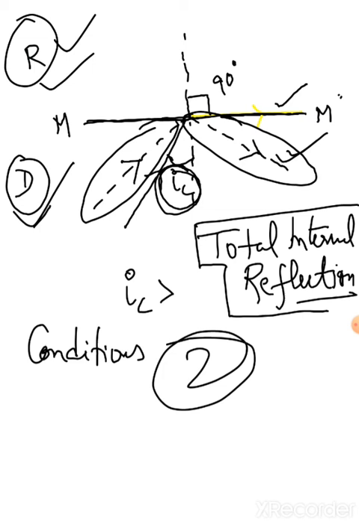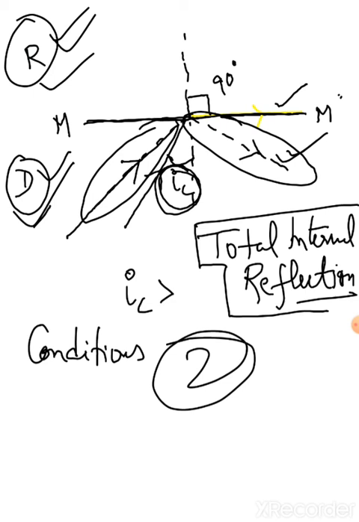Number one, the ray of light, that is the incident ray, should always travel from denser to rarer medium. Very important point to be noted here. For total internal reflection to occur, you must have the ray of light traveling from the denser medium to the rarer medium.